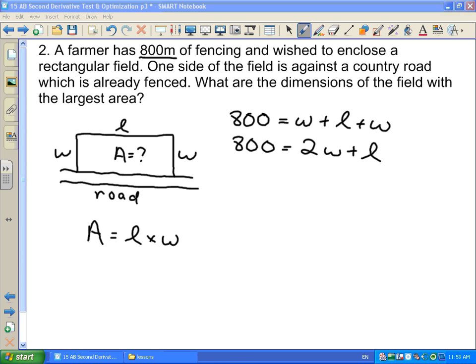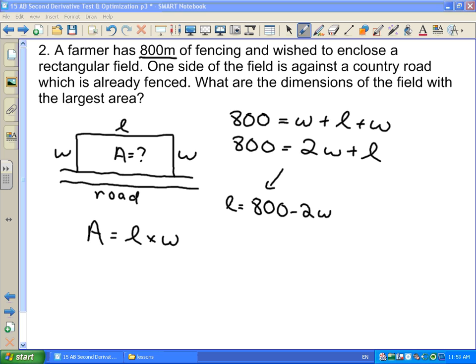Now, is there a better option to choose here? Austin's nodding his head. What do you think? There is. If I solve for length, I end up with length equals 800 minus 2W.